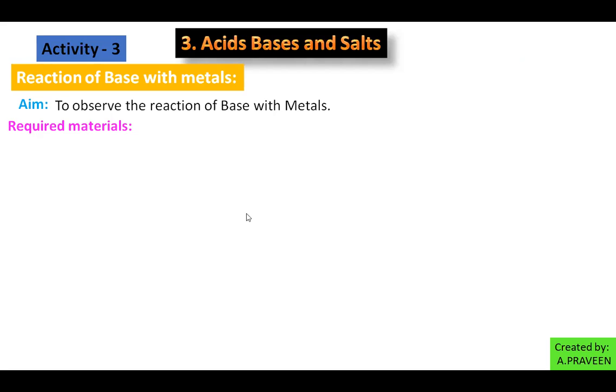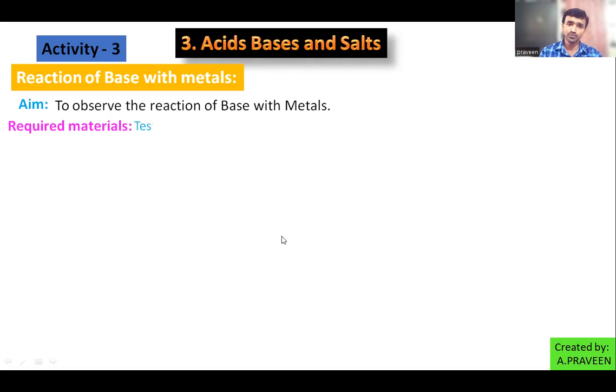So liquids are held in test tubes or beakers. So for them we need to collect some glassware. What are they here? Test tubes or beakers, conical flask, anything which is available. So I'm collecting a test tube here. Then delivery tubes, rubber cork, right? So a delivery tube is required.